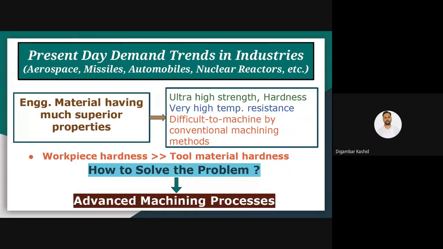Now which are the components in the mentioned industries? Just like the turbine blade, where we need very high temperature resistance and also ultra high strength.